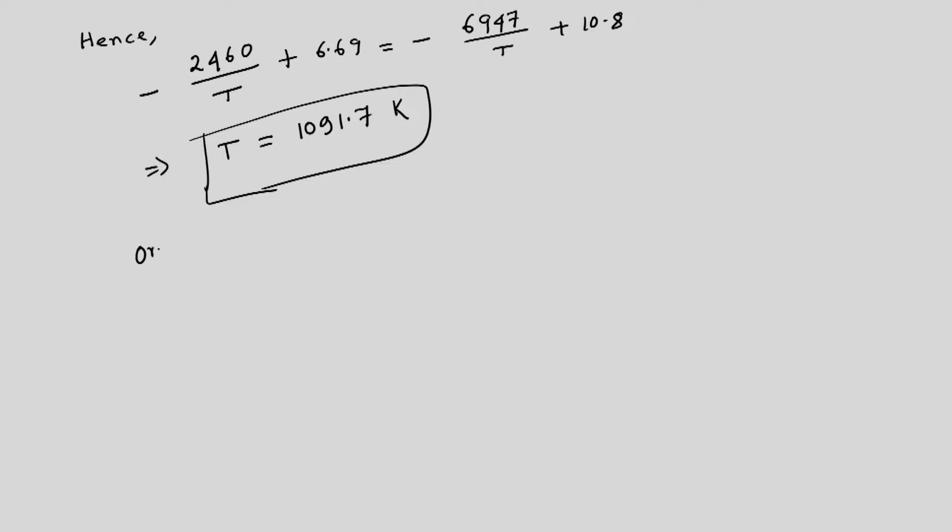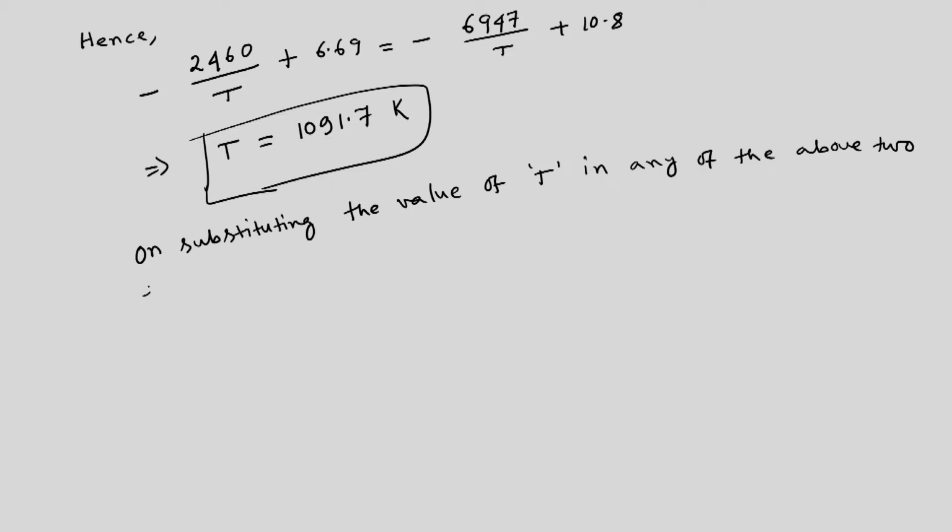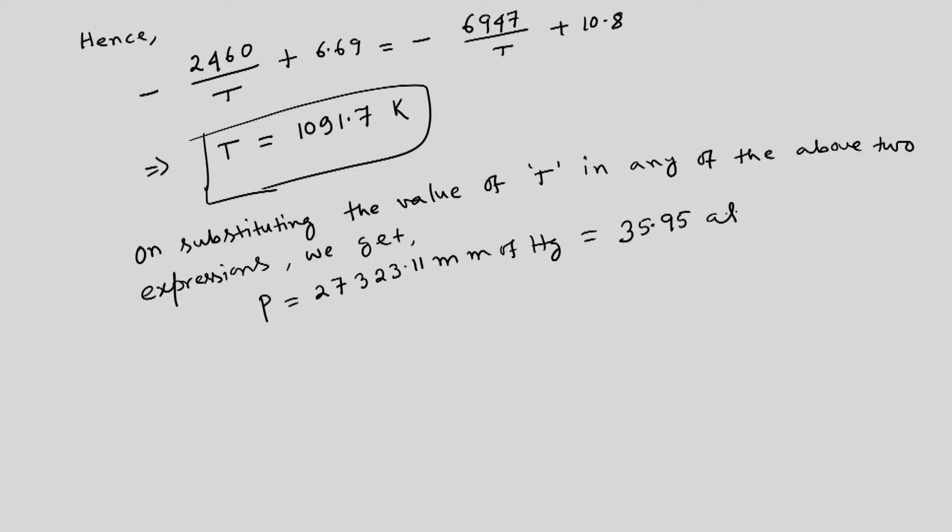So, on substituting the value of T in any of the above two expressions, we get P equals 2732.3 mm of Hg, or you can write 35.95 atmosphere.